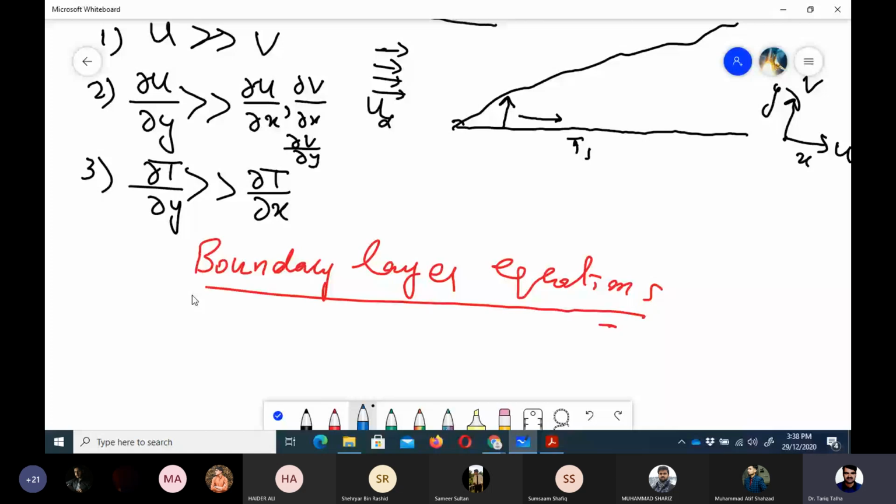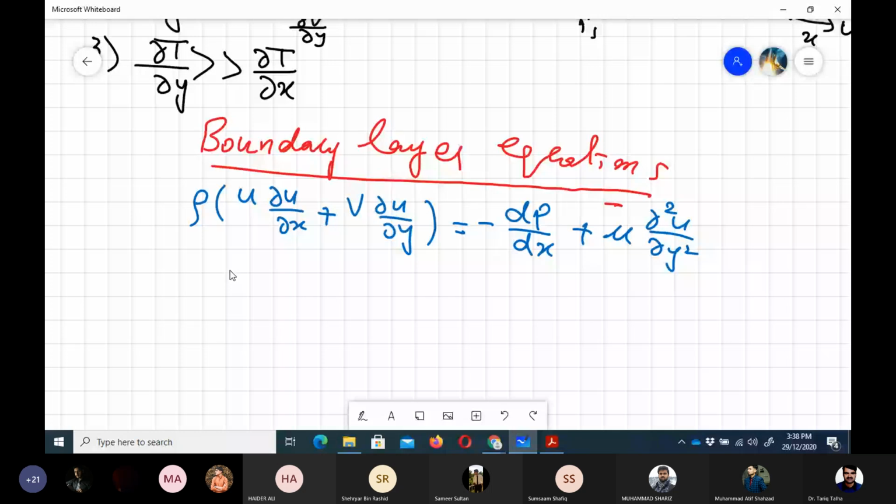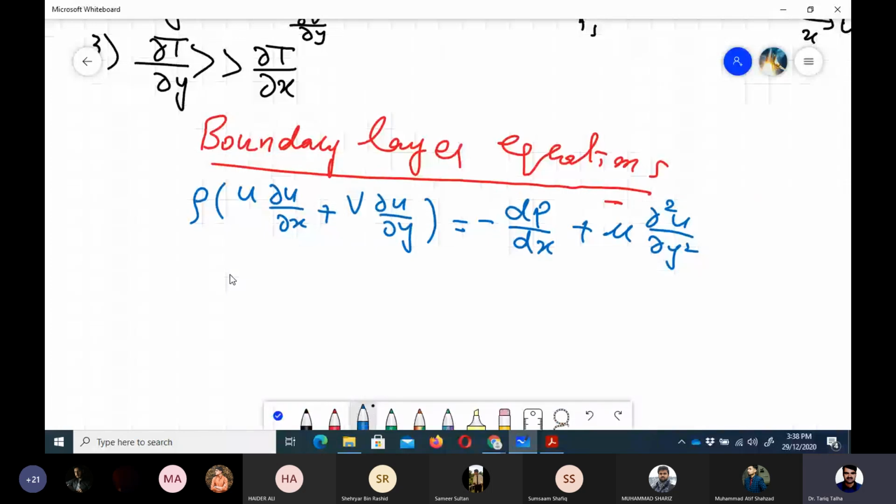So we can write rho into u into partial u by partial x plus v into partial u by partial y equal to minus dp by dx plus mu into partial square u upon partial y square. The second equation would be partial p by partial y equal to 0.